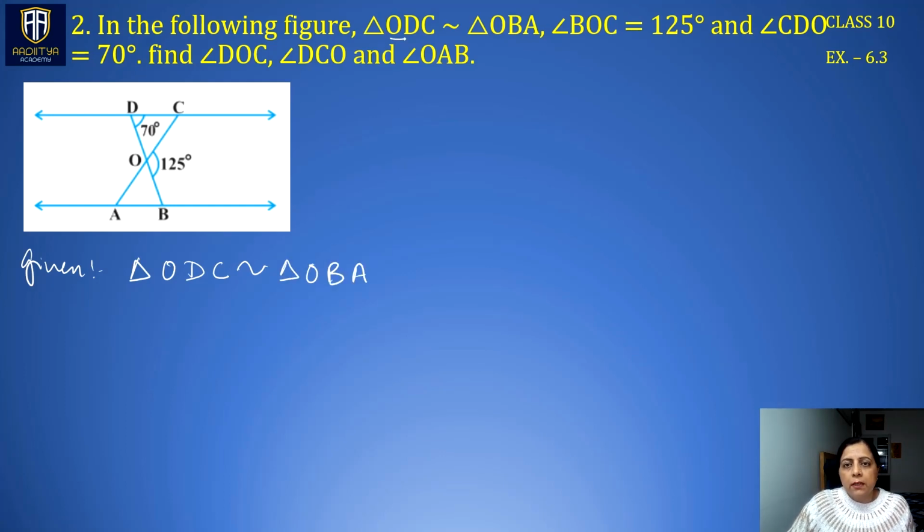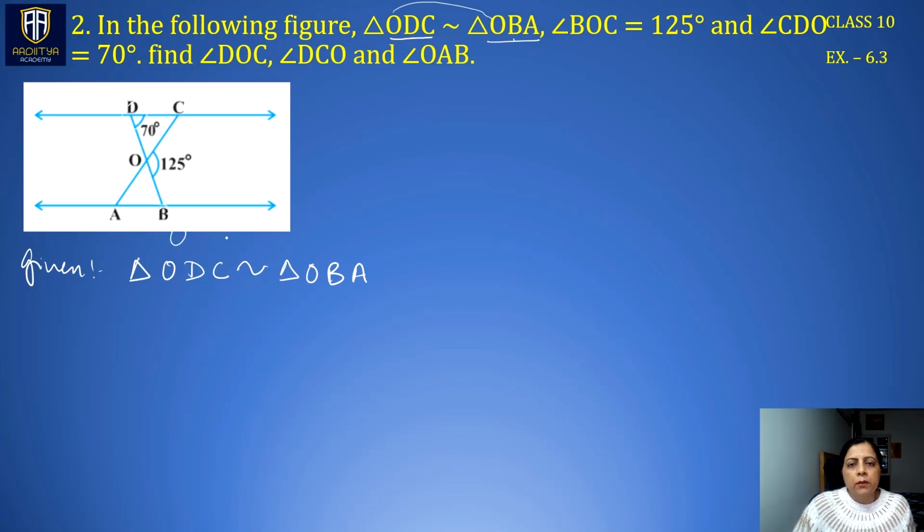Now this thing I had told you is very important, because from this you can automatically equate the corresponding angles. Here it says O is equal to O, that means point O is equal to O, and D will automatically be equal to B.